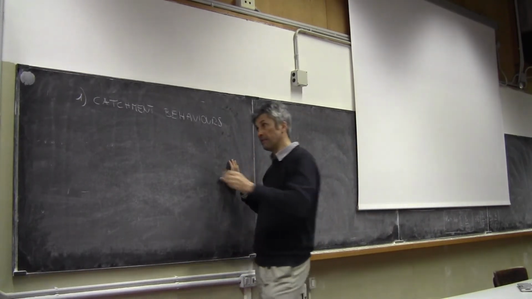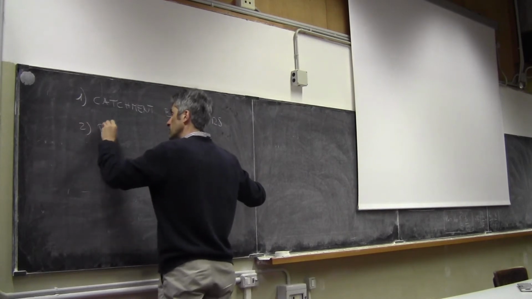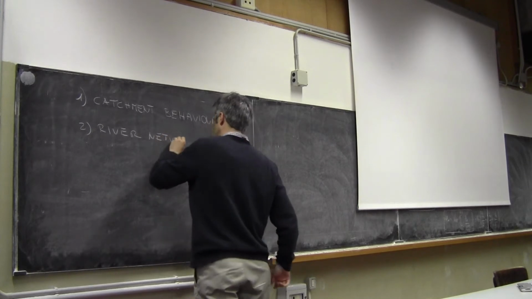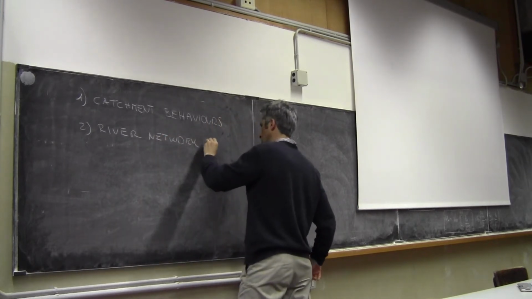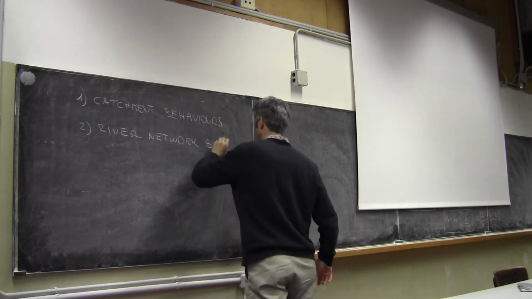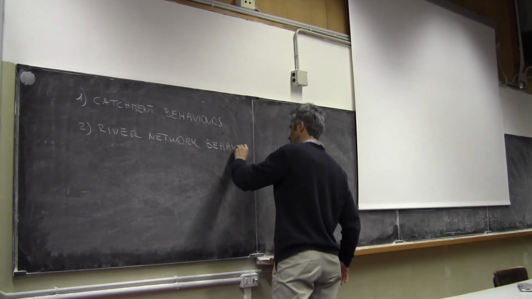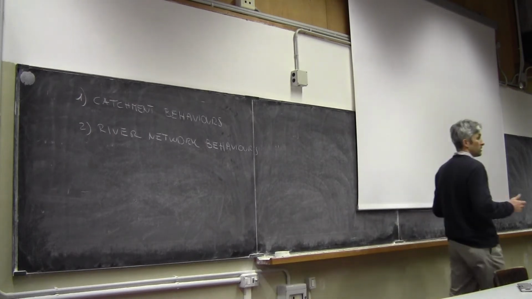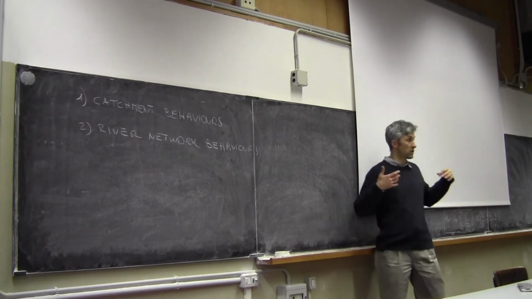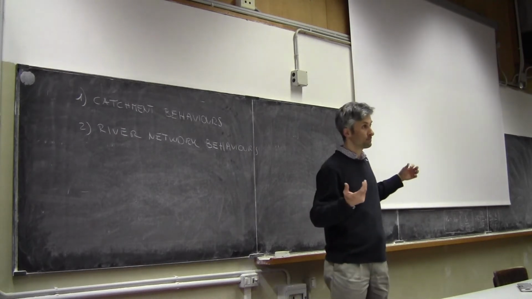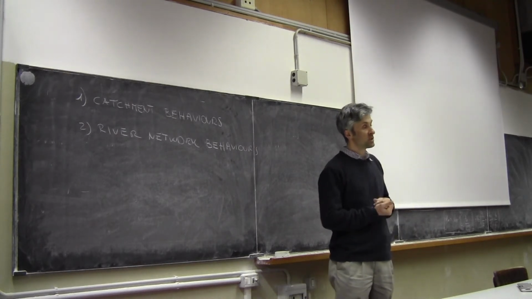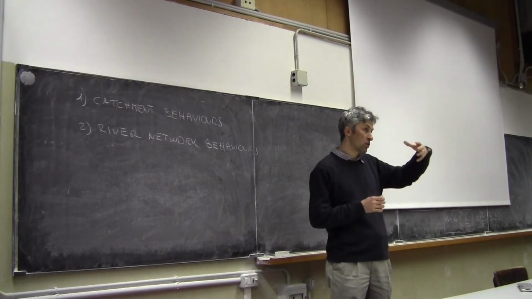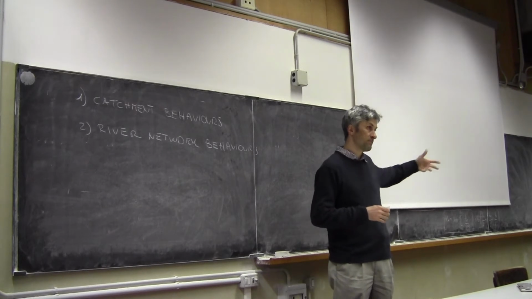And also you may have river network behaviors, like the geometry, the shape of the river network, which is needed to model flow routing, meaning the propagation of flows along the rivers.